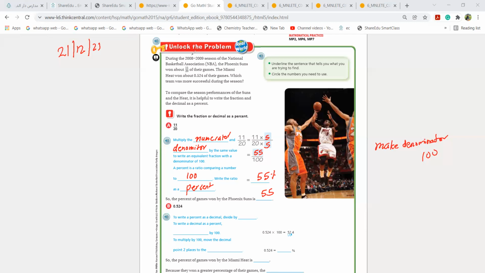And remember one thing, in this lesson I'm making the denominator 100. Now here, if I want to remove the decimal, I will multiply by 100.